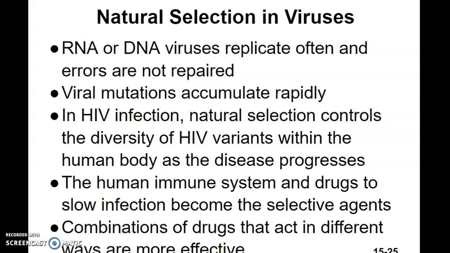The selective factors for the HIV virus is the human immune system and those different drugs that they use to destroy viruses. So only the viruses that are good at resisting, hiding from your immune system, and are not destroyed by those selective drugs can survive.